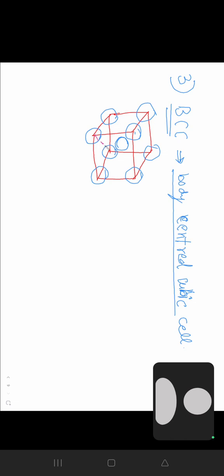Now see, this we have to join diagonally. And then we have to join these. So we have to consider two triangles over here.